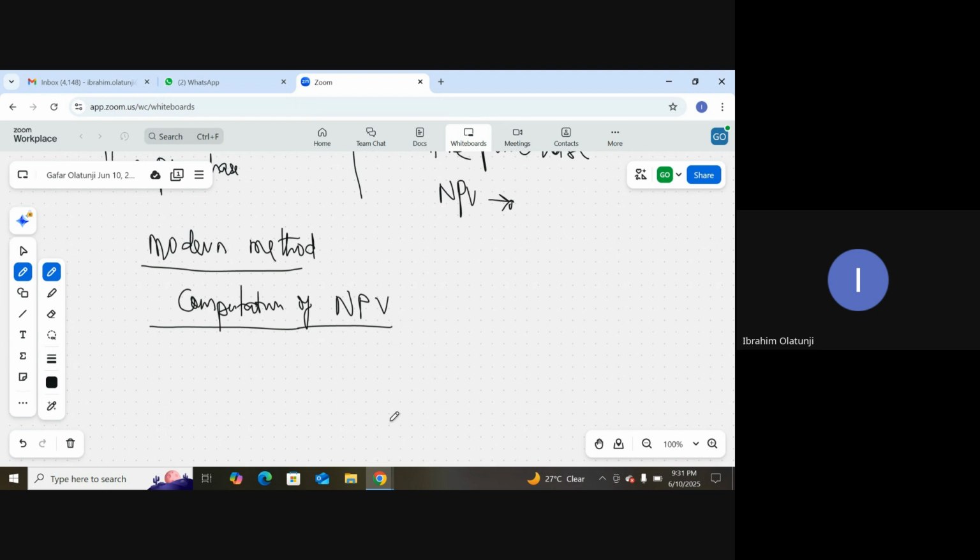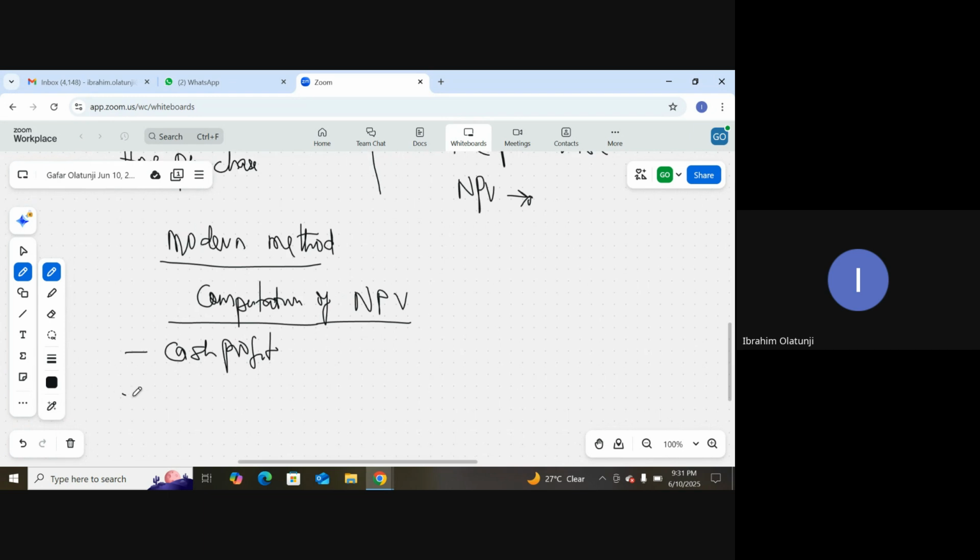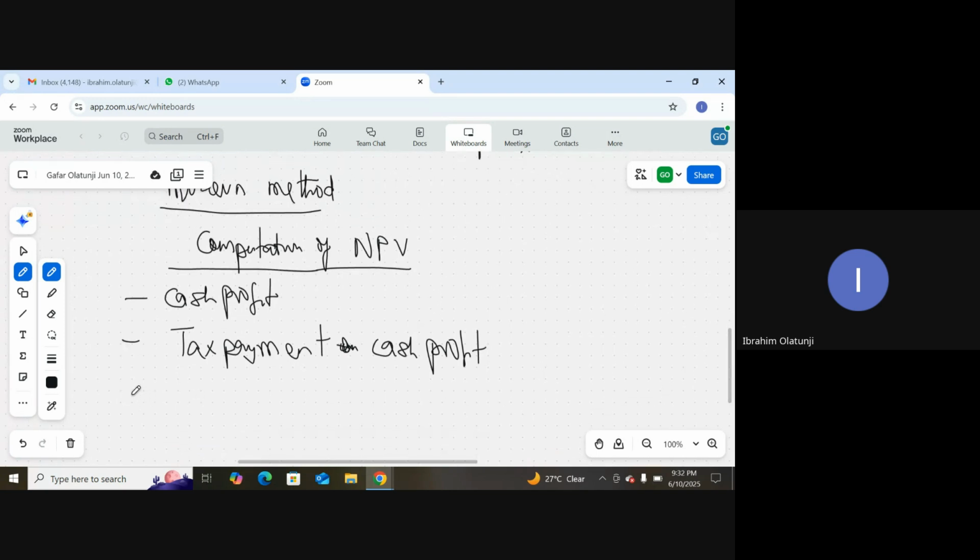When you want to compute NPV under the modern approach, you need cash profit to form part of your table, and also you need tax payment on that cash profit.